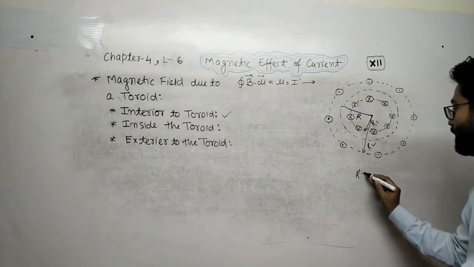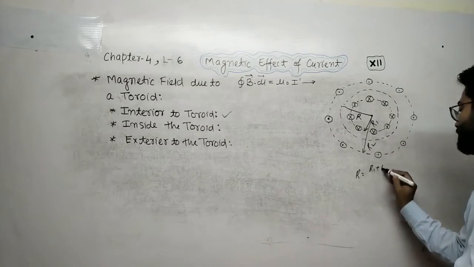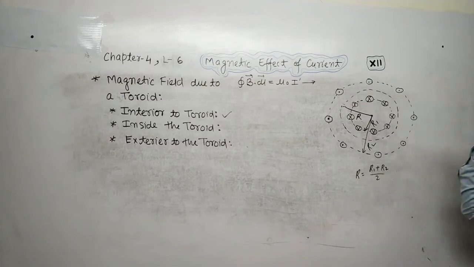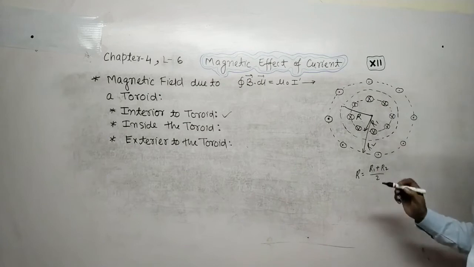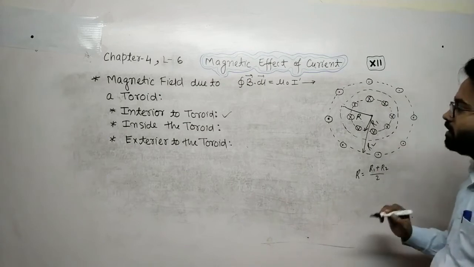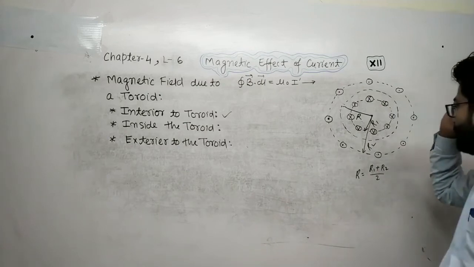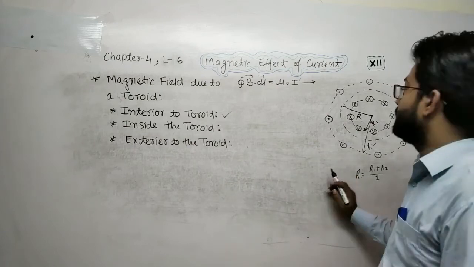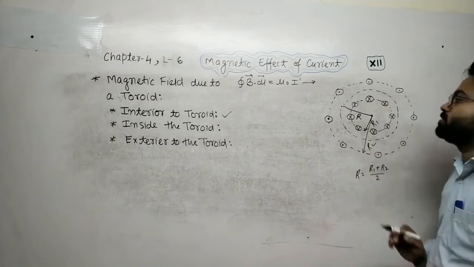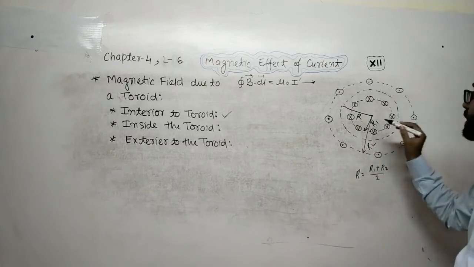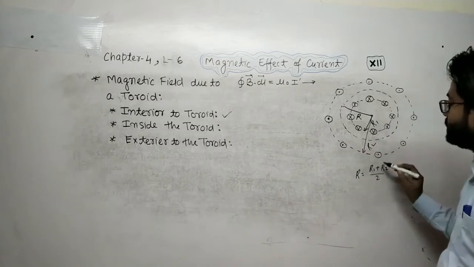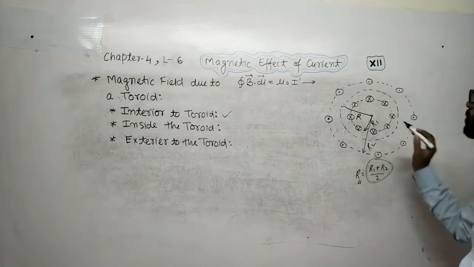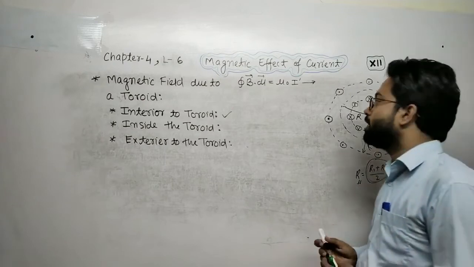In place of R you can write R1 plus R2 upon 2. Average radius will be equal to the radius of the toroid. Okay, if in the question only a radius of the toroid is given, then in place of R you can use it directly. But if inside and outside radius is given, just take the average, and that average will be used as a radius of the toroid. Okay.